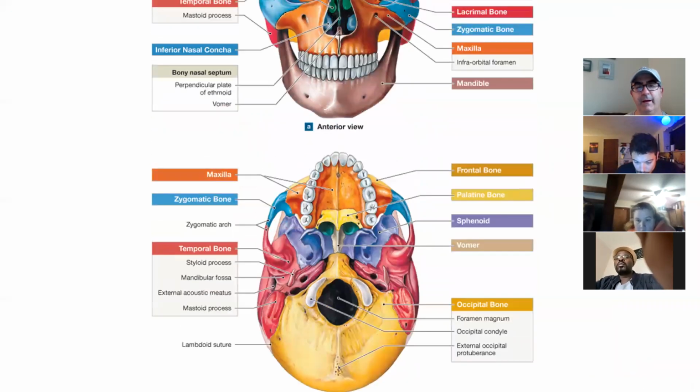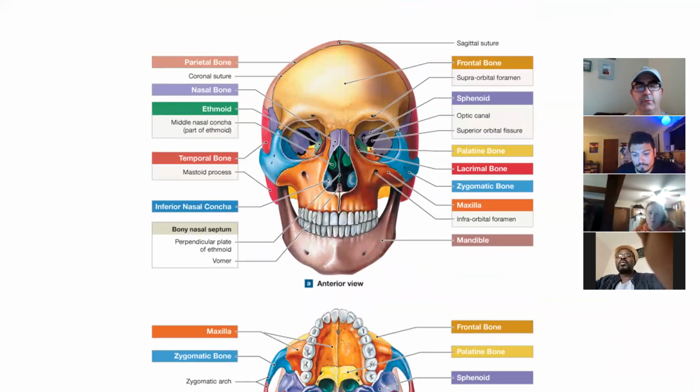Now, the other 2 cranial bones are really hard to see in a picture. They're really hard to see because they're holding your brain and your facial bones are in front of them, right? So they're kind of behind your eyes, behind your nose. They're holding the bottom of your brain.